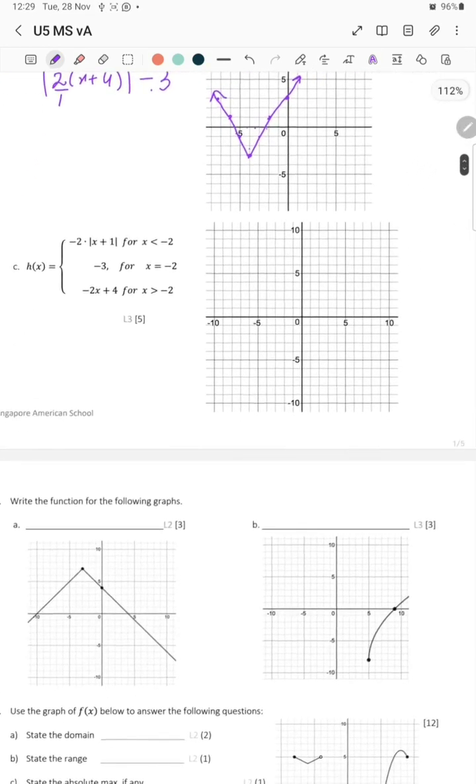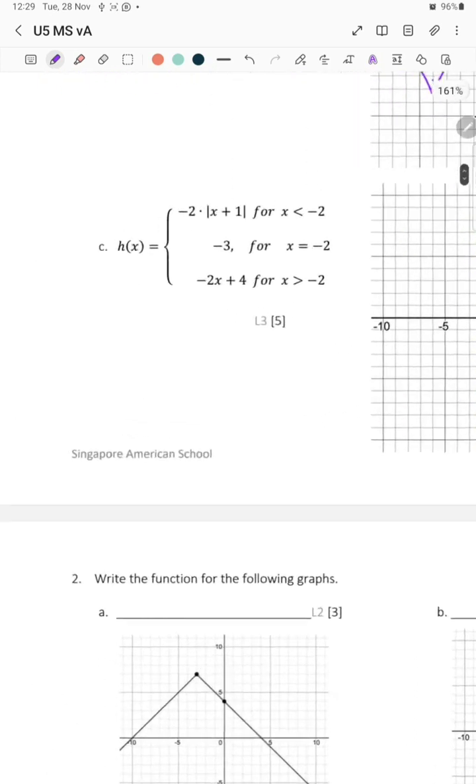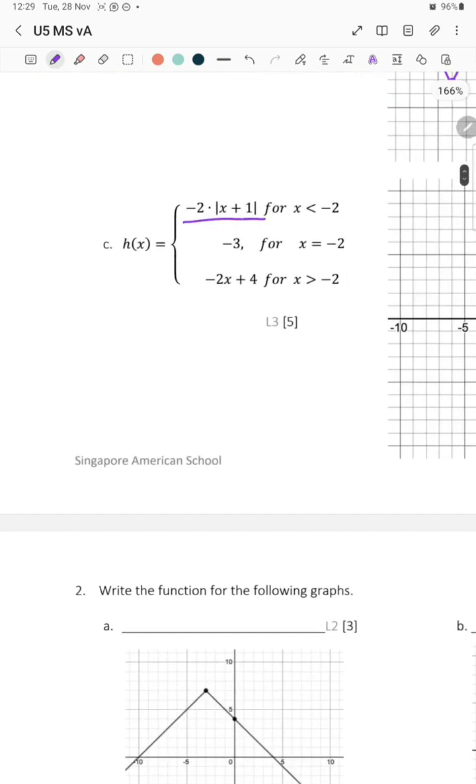See, h of x is a function, and this function is a piecewise function. It is -2x plus 1 for x less than -2. So this is -2, and we need to go for x less than -2, and the function is -2x plus 1.